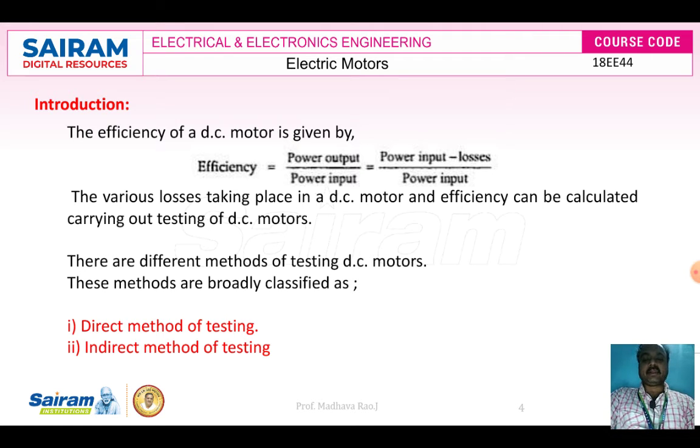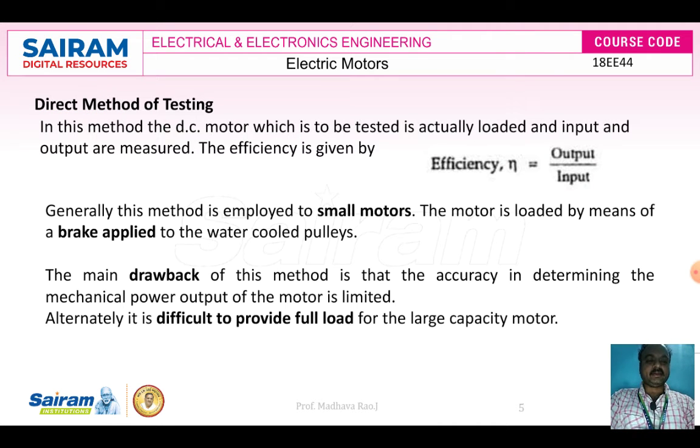One is the direct method of testing, the other is the indirect method. The direct method is used for small rating, small size machines. The indirect method is used for large size and high rating machines.